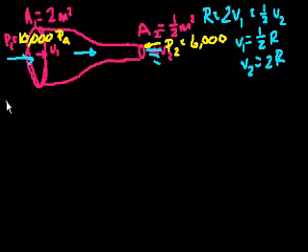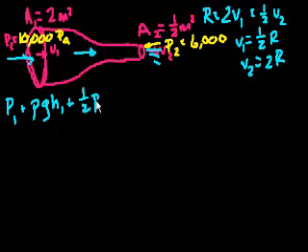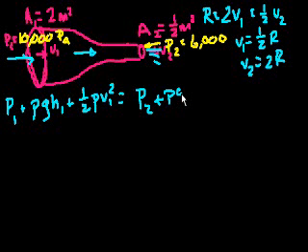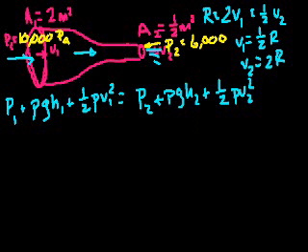So Bernoulli's equation, let's just write it down. P1 plus rho g h1 plus 1/2 rho v1 squared is equal to P2 plus rho g h2 plus 1/2 rho v2 squared.